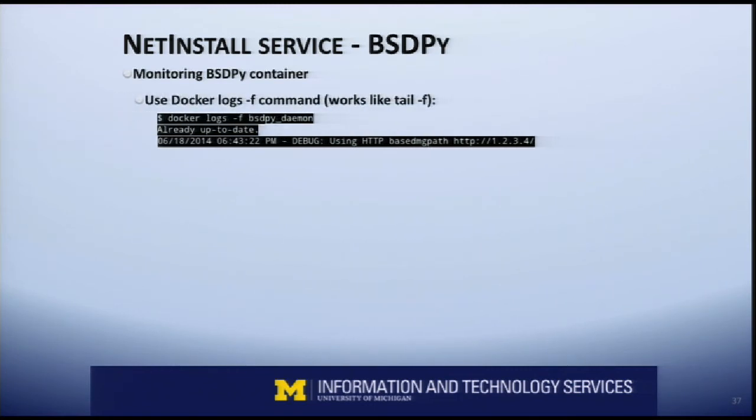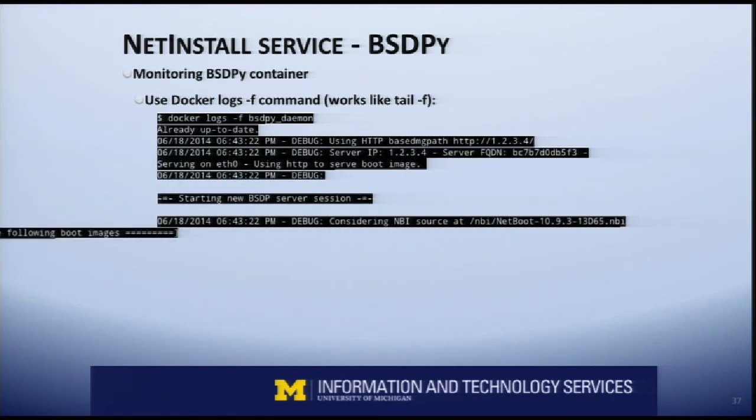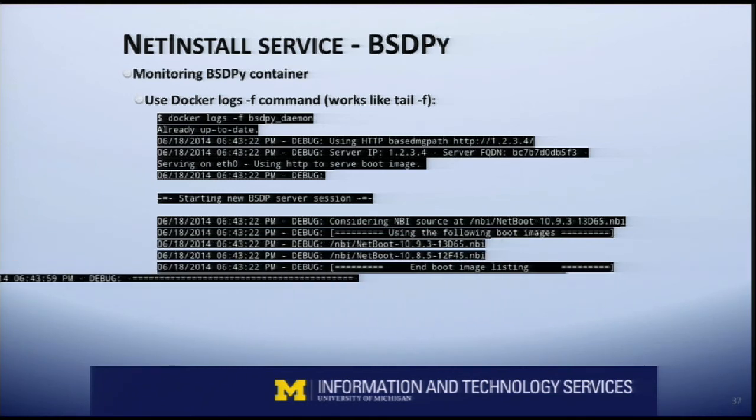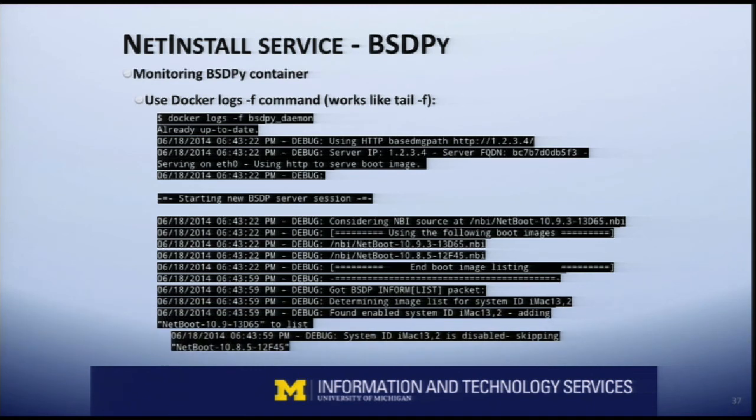Docker has a command called logs that basically works as tail. If you supply it the -f, it will follow it. And if you give it that command, this would be an example of what the output would be. Can everyone see this? Because I pasted it from terminal. I'm realizing that this might not be the easiest to read, so I'll go over it. So it's telling us that it's using HTTP to share out our images.